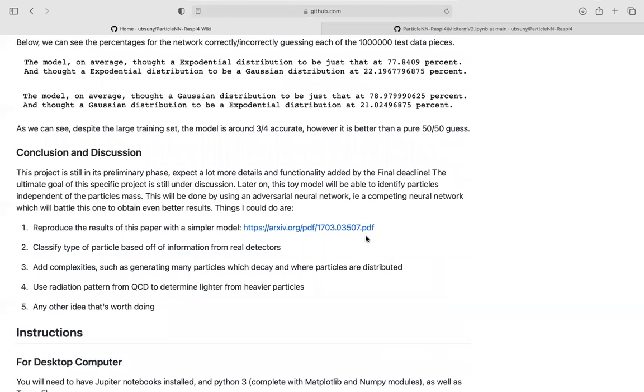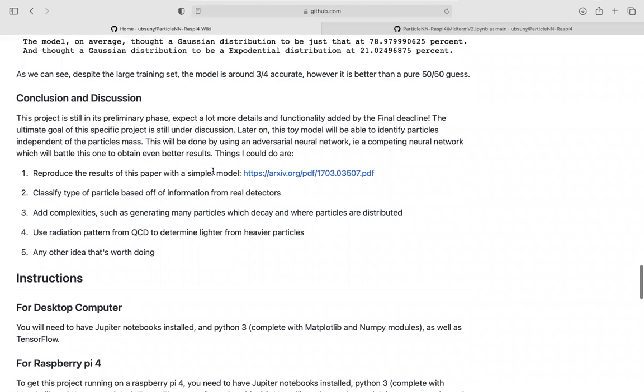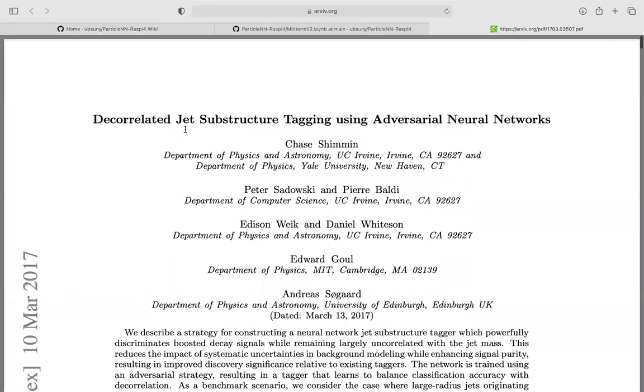This project is still in its preliminary phase, so expect a lot more detail by the final. The ultimate goal of this specific project is still under discussion. However, these are some of the things we can do. We can reproduce the results of this paper with a simpler model: Decorrelated Jet Substructure Tagging Using Adversarial Neural Networks.